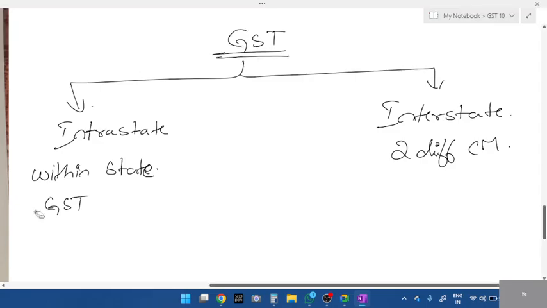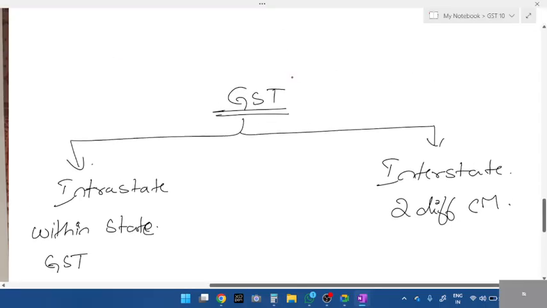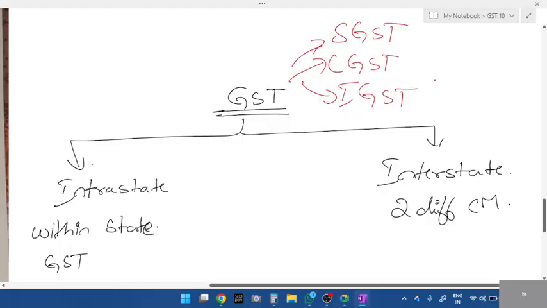In total we have three types, students. GST is of three types. What are the three types? SGST, CGST, and what's the other one? Very good, IGST.